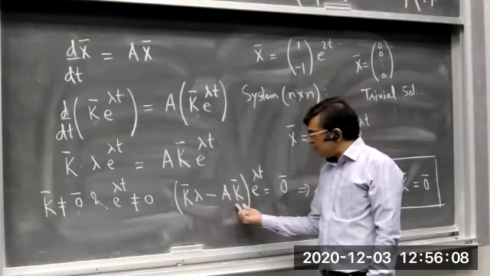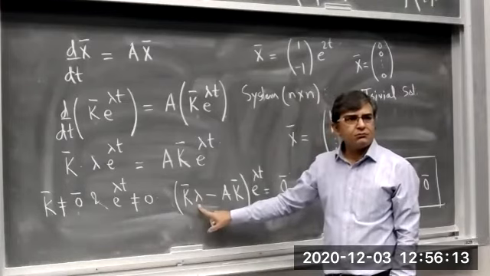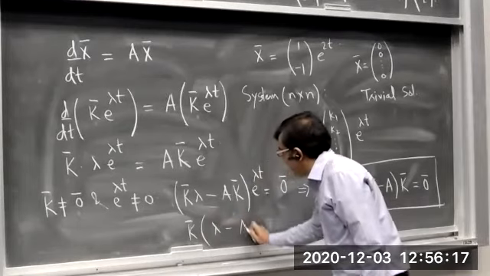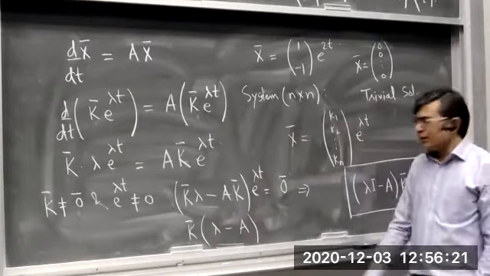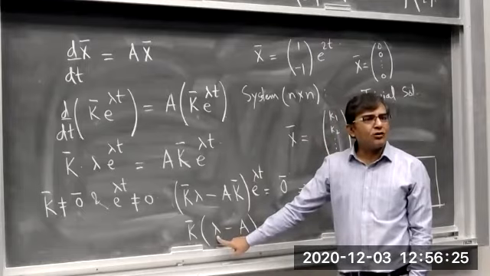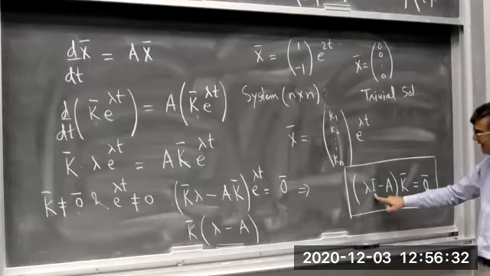When you took k common, lambda is only a constant. If we write lambda minus A, then mathematically this expression is wrong, because we cannot subtract a matrix from a single constant entry. So we have to put an identity matrix of the same order here.